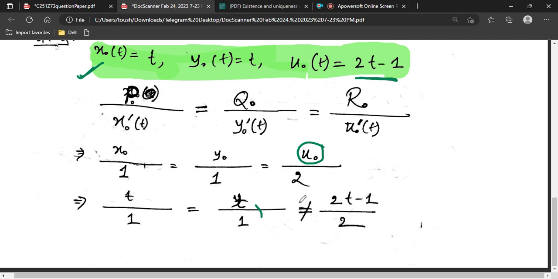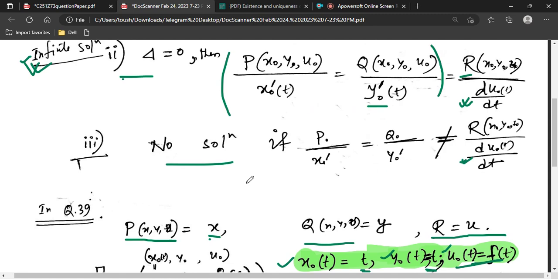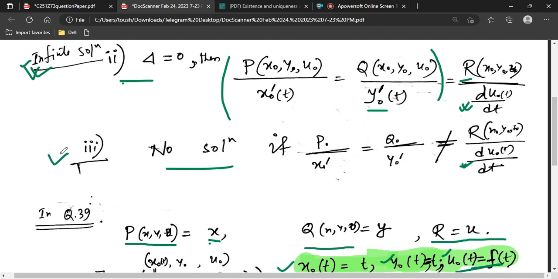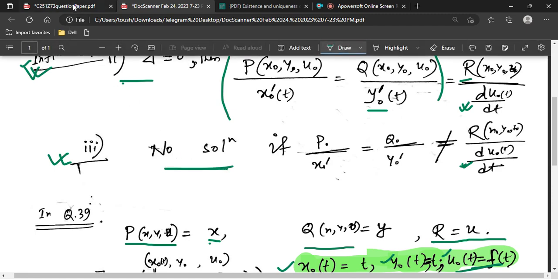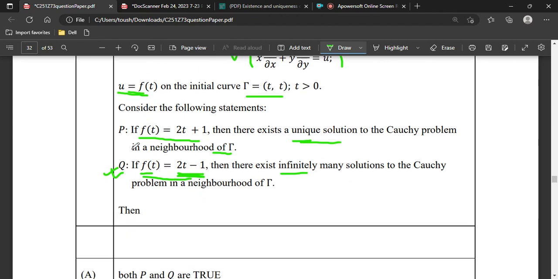But is t equal to (2t minus 1) by 2? No, it is not equal, right? So it is holding the third one. The third one says that if these three are not equal, then there does not exist any solution. So no solution. If there is no solution, but they are saying there exist infinitely many solutions, this option is wrong.